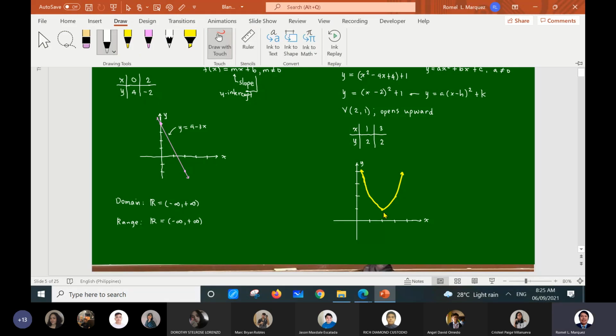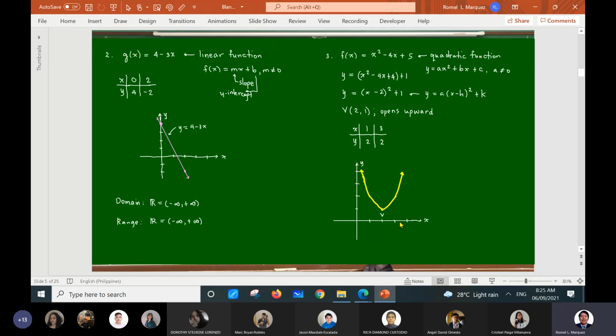So this is the vertex. So as you see, the graph goes from going to the left and going to the right without end, no? So what do you think the domain? Set of all real numbers. Because quadratic is a polynomial function, if it is a polynomial function, the domain is always the set of all real numbers.